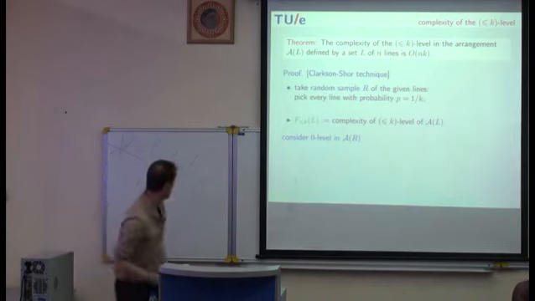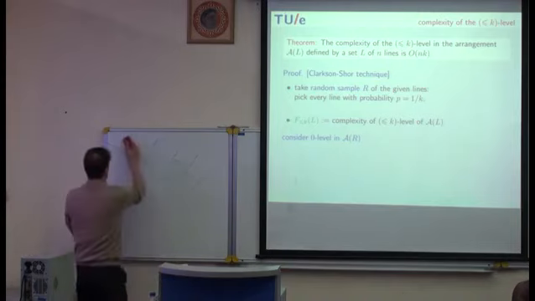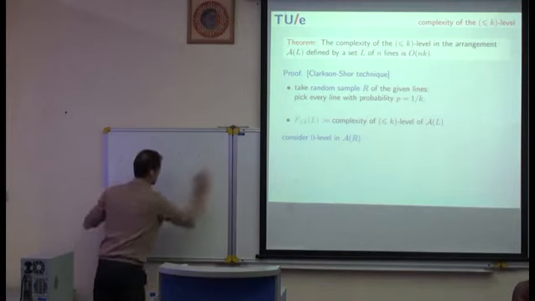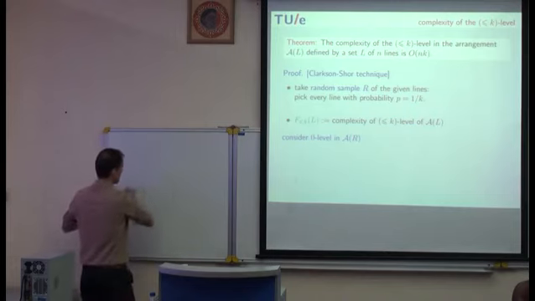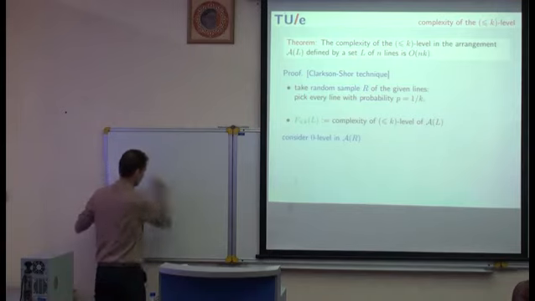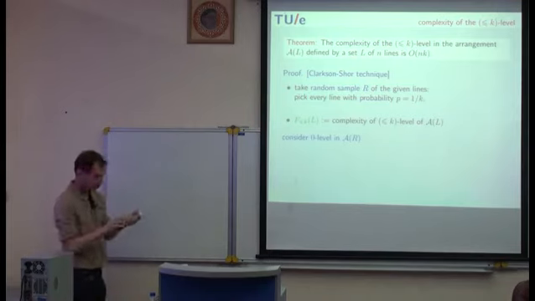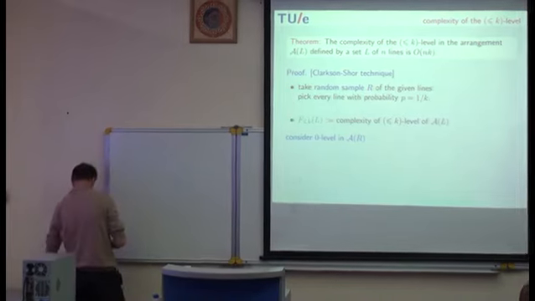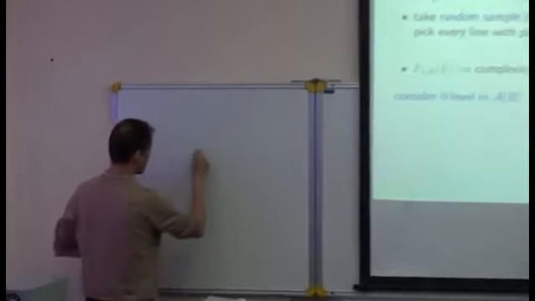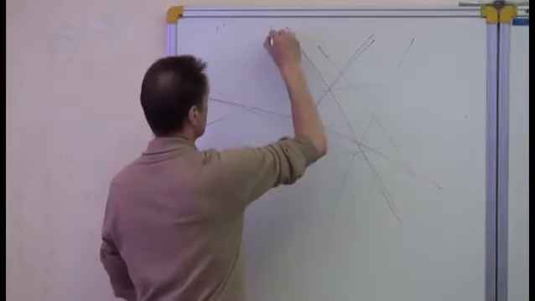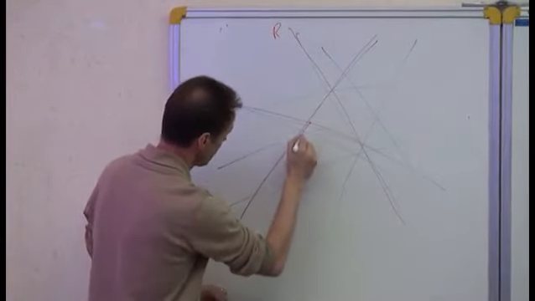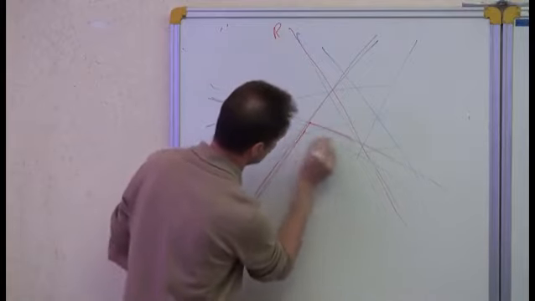Here I have lots of lines. I'm going to take a sample. So for instance, I'm going to take this line and maybe this line. So this is my R. And I'm going to look at the 0 level of this sample.